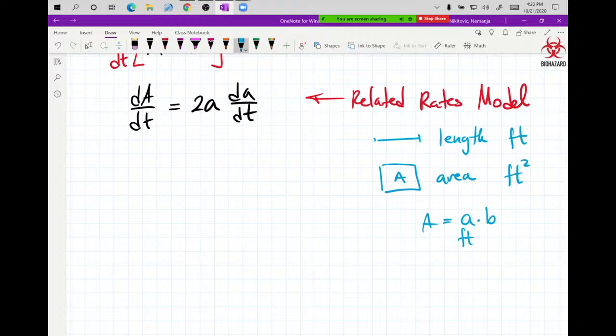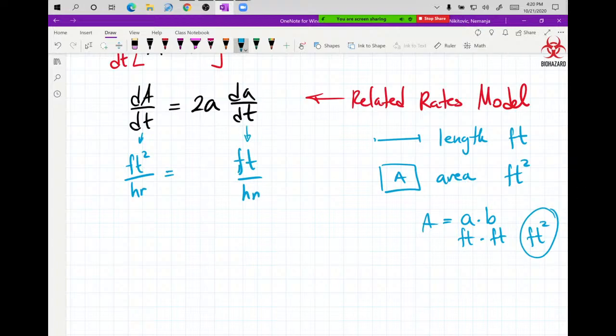So if length is in feet and the other length is in feet, then when you multiply feet by feet, you get feet squared. So length is just feet, and area is feet squared. Now what I have here is feet squared per hour, and over here I just have feet per hour for this one.